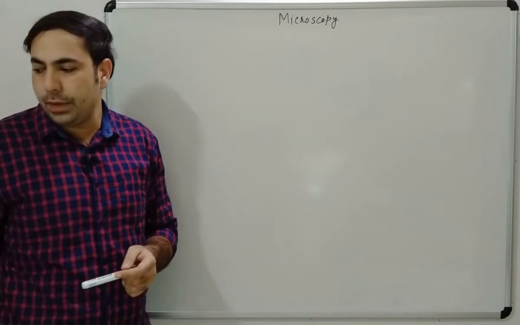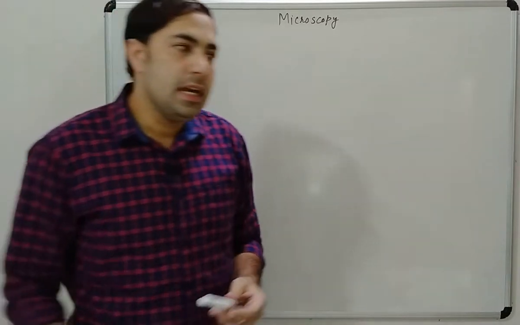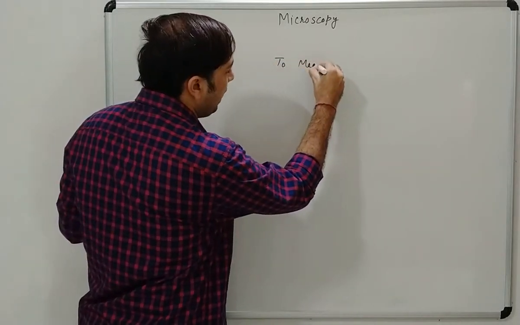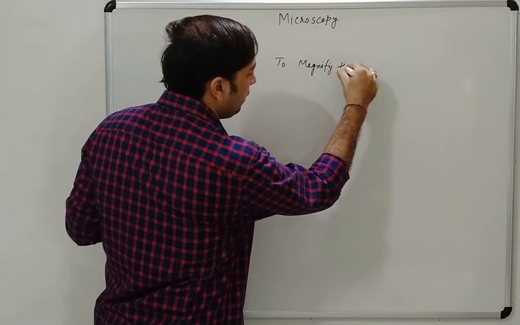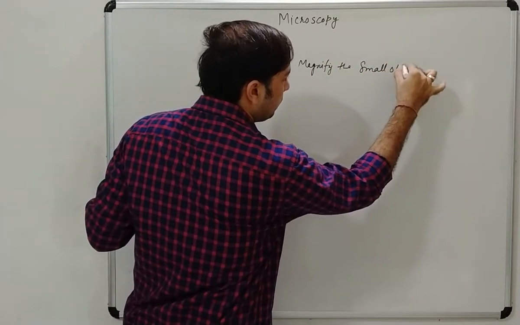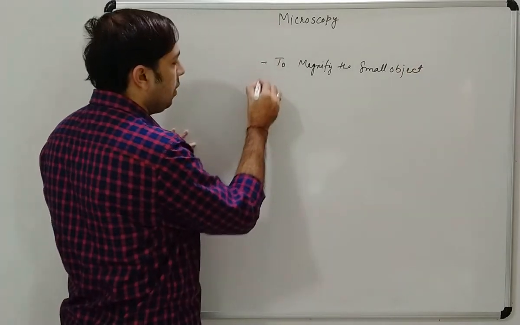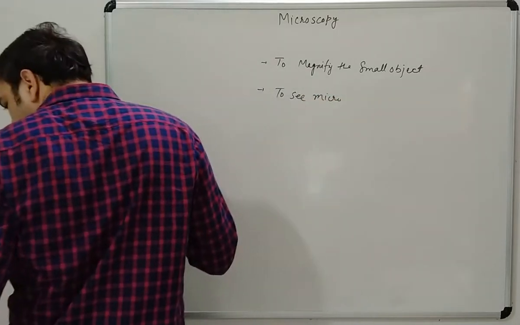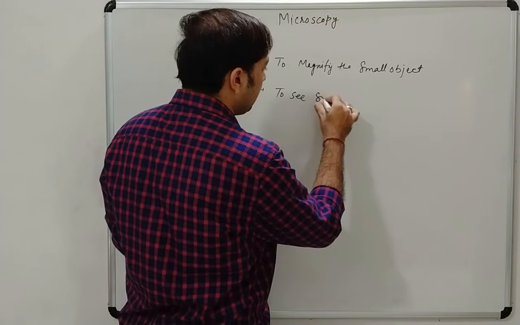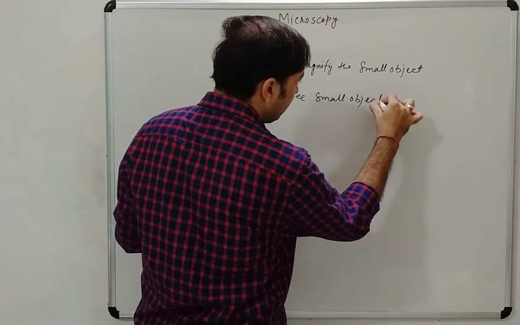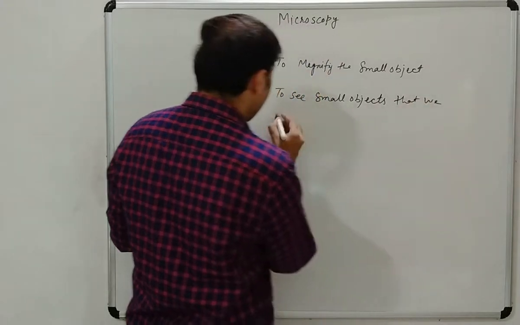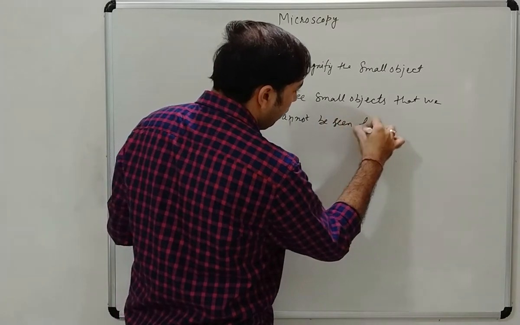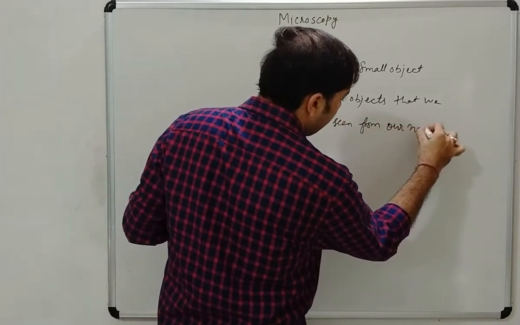Microscopy. What is microscopy? Microscopy is a method to magnify the small object or to see small objects that cannot be seen by our naked eyes.